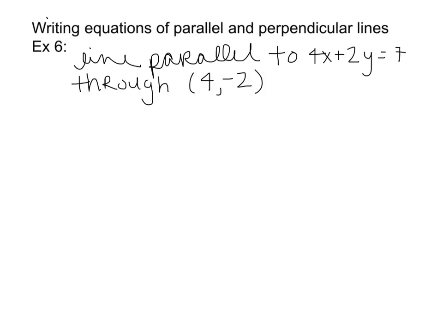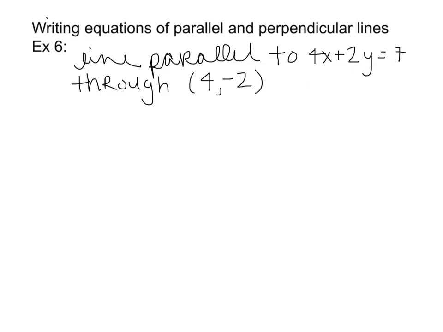So I want to write the equation of a line that is parallel to 4x plus 2y equals 7, but I want it to go through the point (4, -2). So I first need to look at my equation, 4x plus 2y equals 7. Since it's not in slope-intercept form, I cannot determine the slope right now.